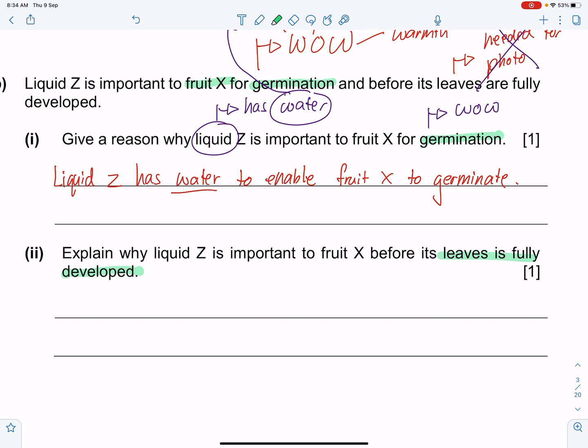In fact, that's what the seed leaf is for. Just in case you don't know, stop confusing seed leaf with leaf. They are two very different things. The seed leaf provides the seedlings with food until the true leaves appear. Okay?